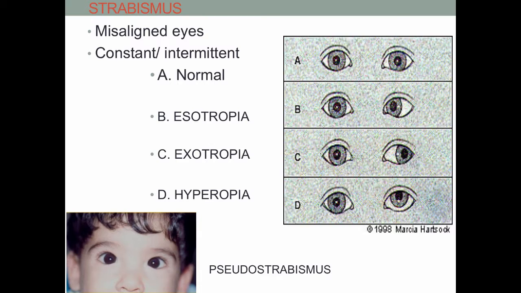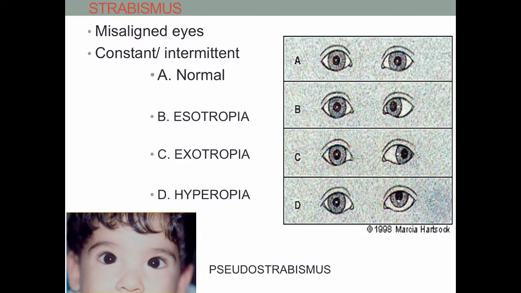So A is normal, and you can see the corneal light reflex is symmetrical in both pupils. B is esotropia, and you can see this is an extreme case. It rarely will be that distinct, but you will see that the corneal light reflex in the right eye is on the iris instead of the pupil. And exotropia, the eye is turned outward, and again, the right eye, the light reflex is on the iris.